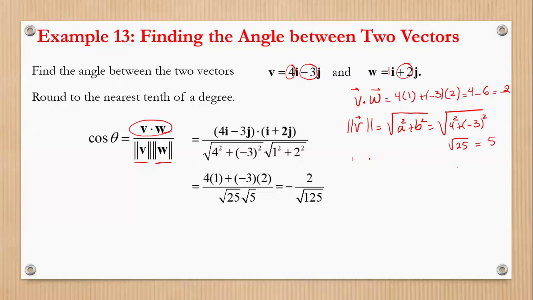I need to find the magnitude of w as well by squaring 1, squaring 2, adding them together and taking the square root, which is square root of 5. So the numerator is -2. In the denominator, I got 5 times root 5.